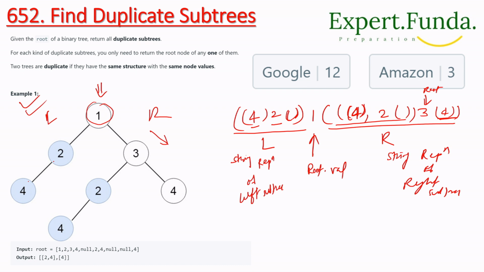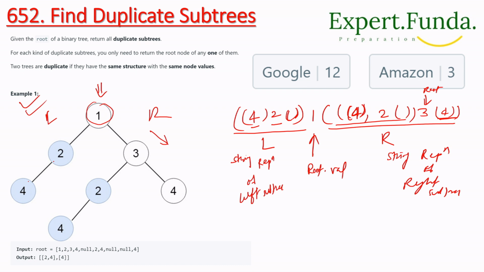So we will maintain a hash map that tracks how many times each subtree string occurs during the traversal. If one occurs more than once, it represents a duplicate subtree. Okay, so now we will try to implement this using the algorithm, right?